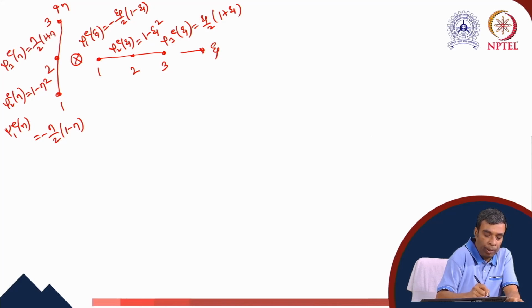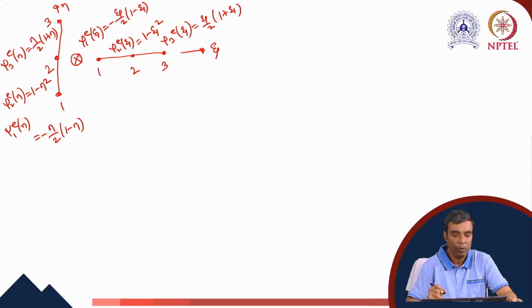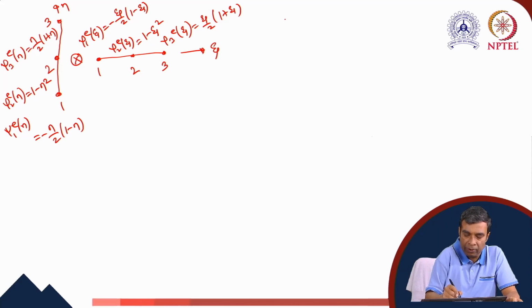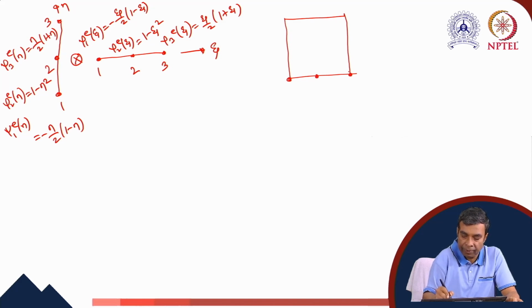Now with the help of this outer product, we can construct the quadratic quadrilateral element as well as the shape functions. So let us first illustrate the quadratic quadrilateral element. So it has 9 nodes. These are the nodes. There is one internal node.